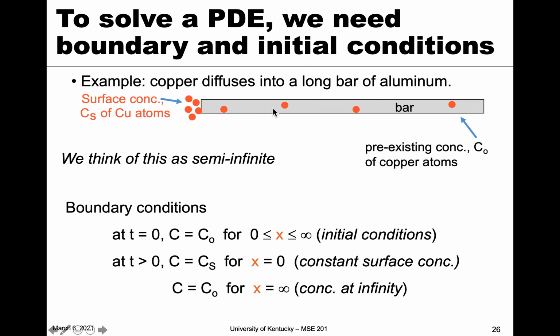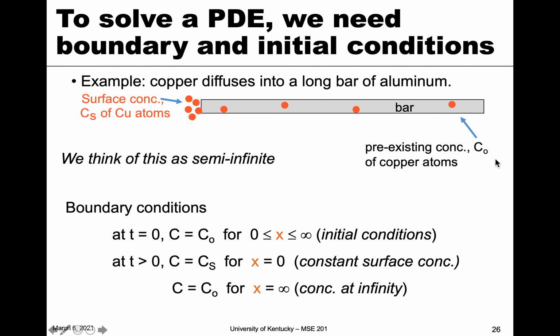You can think of this as an aluminum bar, a very long aluminum bar, such that we have one end exposed to something that's diffusing in, say copper atoms. So there's a concentration of copper on the surface of this bar. And so this surface of the bar would be known as x0. And then we say it's a really long bar because we're basically saying that it goes off to infinity.